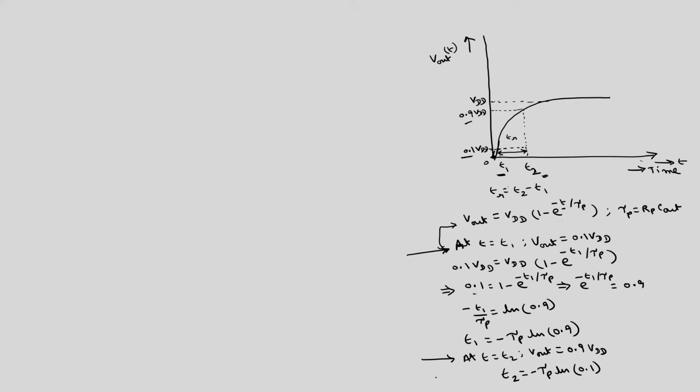Okay. Therefore, what is tR? tR is equal to t2 minus t1, which is equal to minus tau p, which is common, times ln 0.1 minus ln 0.9.